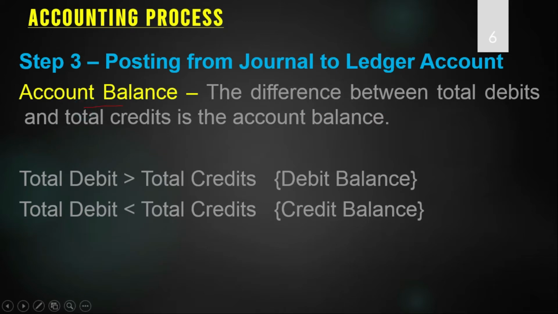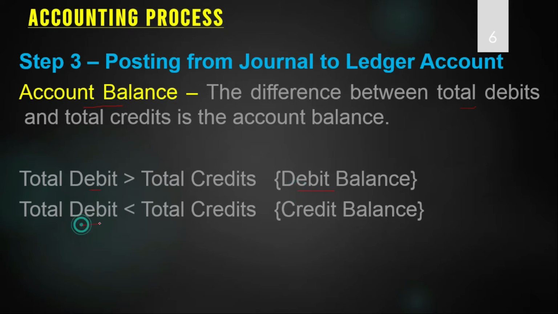Now the balance of an account. When the accounts are prepared, at the end of a period the accounts are balanced, which means we have to find the difference between the total of debits and the total of credits of any account. If you find the balance, one of the two sides will have more. For example, if the total of debits of an account is more than the total of credits, the difference is called the debit balance.